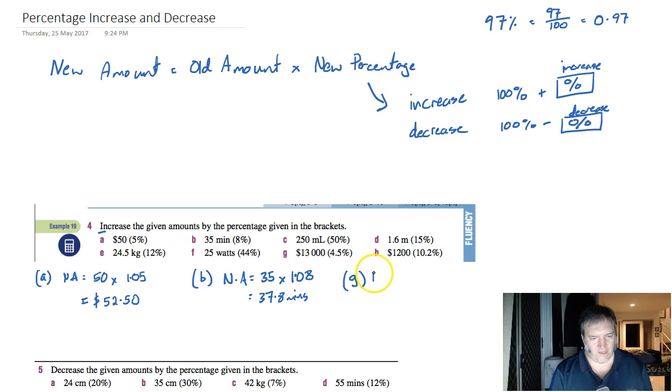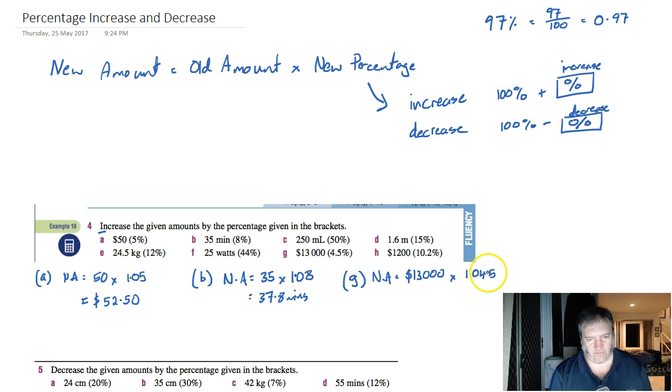So I have 13,000, so my new amount is going to equal the old amount, which was $13,000, multiplied by, now I've got to increase by 4.5%. So that would be 104, and I would say, think in my head, 0.5.